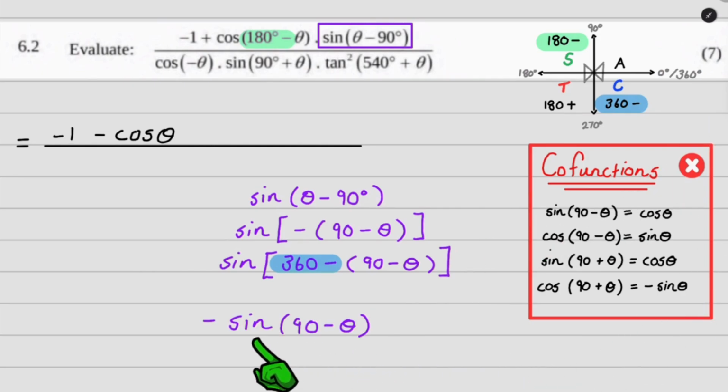And then I can go ahead and change the sine of 90 minus theta into cos theta using my co-functions. You almost want to get to the stage where you know this off by heart. You don't want to show this working out because it doesn't get any marks. So you just immediately want to change this to this. So I'm going to do that over here.